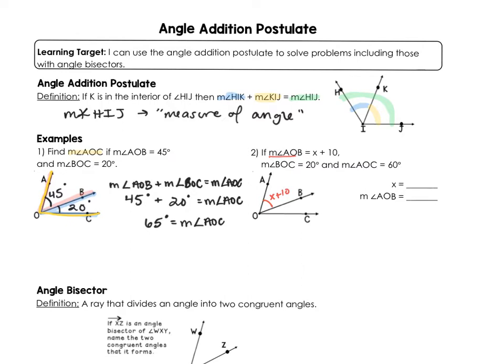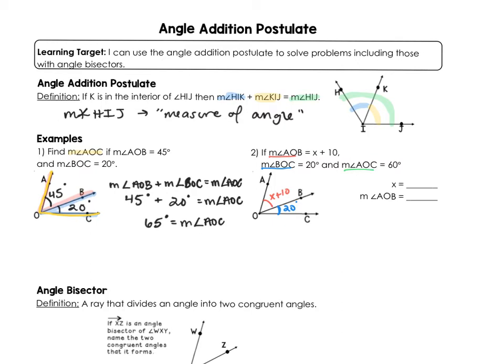I know the measurement of angle BOC is 20. So from B to O to C, that's 20 degrees. And I know my entire angle, angle AOC, this whole thing, is 60 degrees.